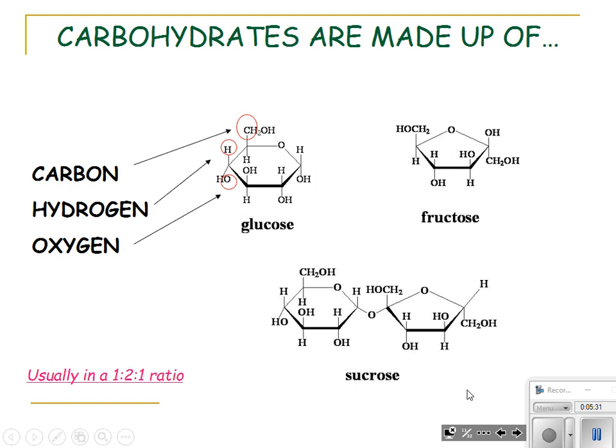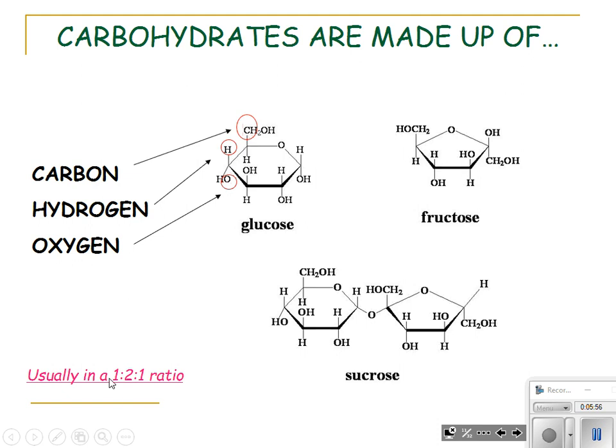Now, if you look at this diagram here, it has some different carbohydrates. If you look down here, what did I tell you about a 1 to 2 to 1 ratio?